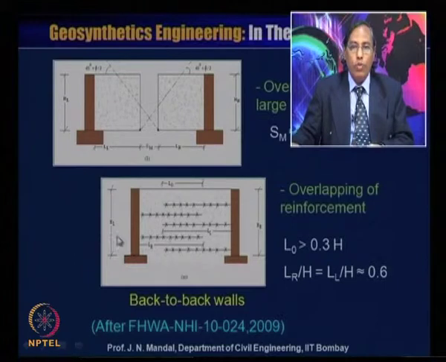This is called back to back wall. This is the left hand side of the wall, HL, and this is the right hand side, HR, and this overlap is equal to L0.